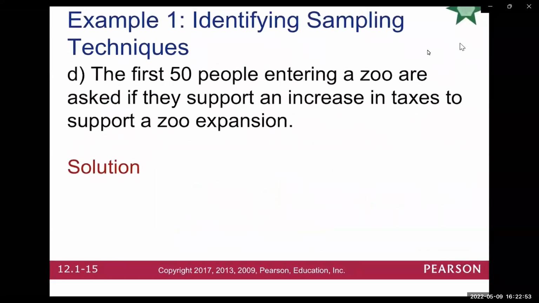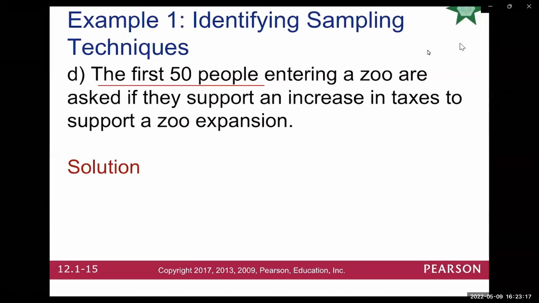All right. Let me know what you guys think this one is. It's convenience, because the first 50 people is not random. And who's to say the first 50 people are even registered to vote, or if they pay taxes or anything like that.